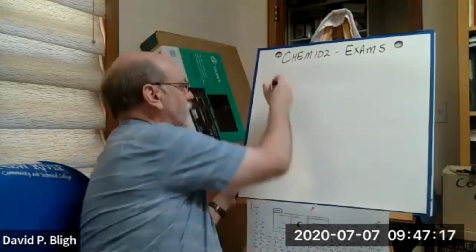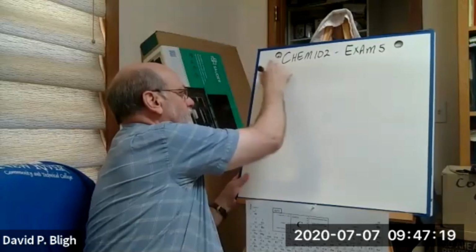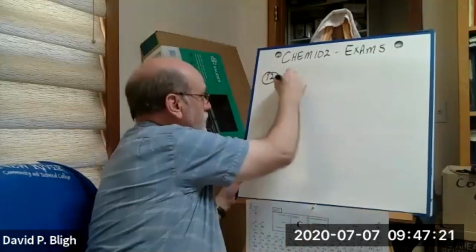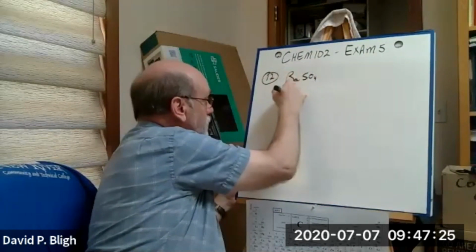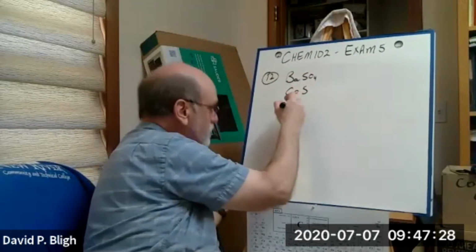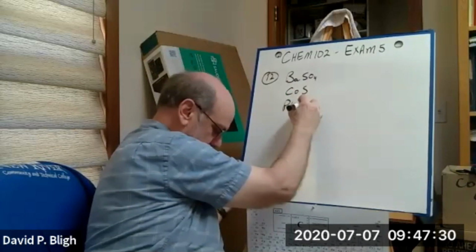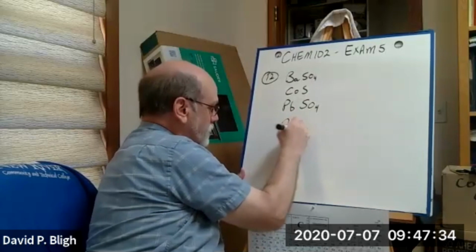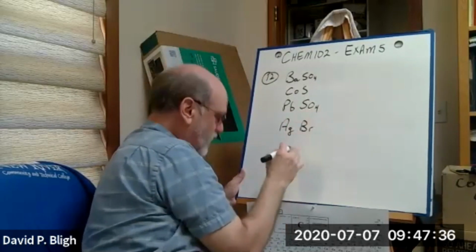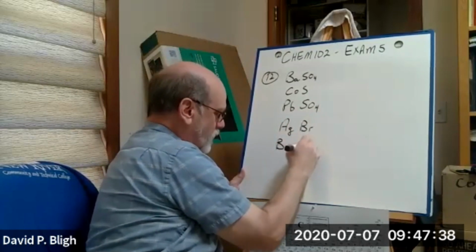All right, so I'm going to go ahead and write them up here so I can talk about them. Barium sulfate, cobalt sulfide, lead 2 sulfate, silver bromide, and barium carbonate.